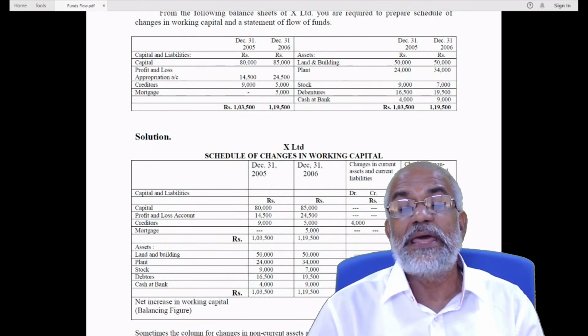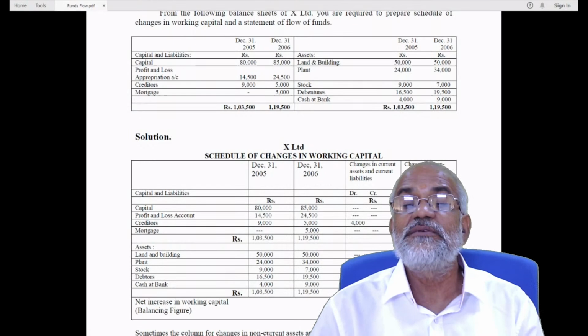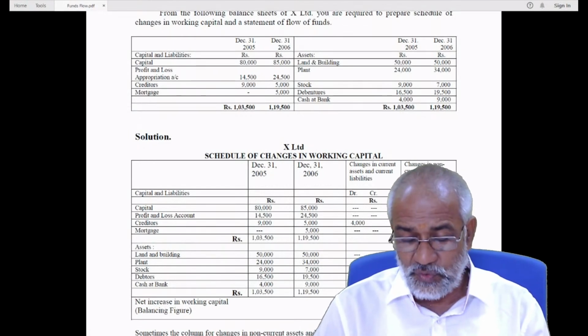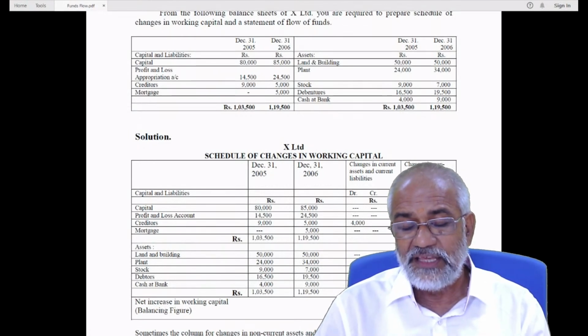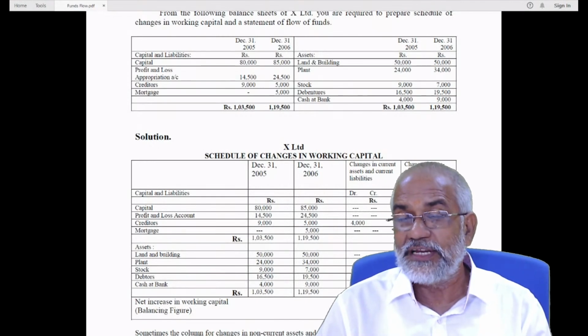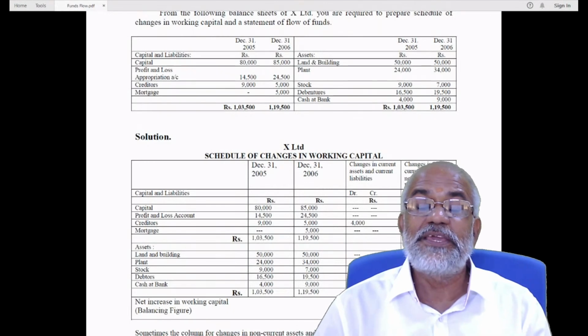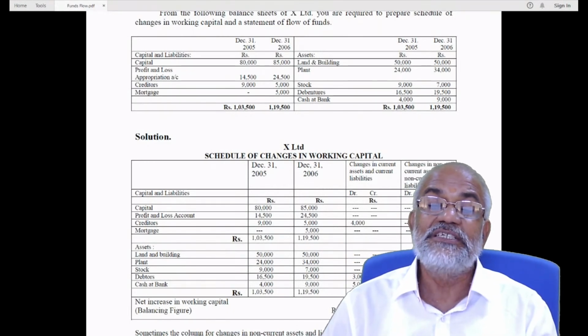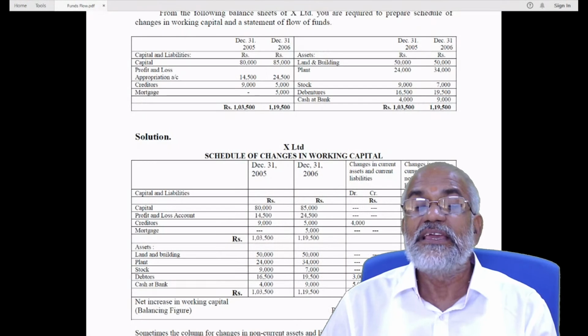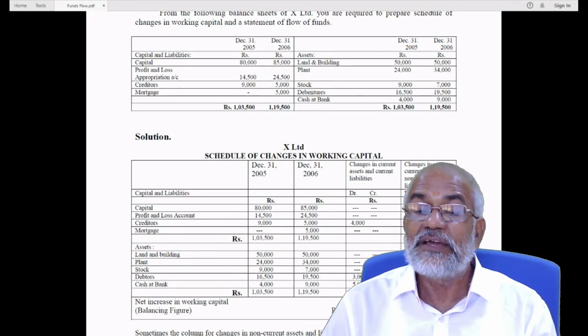Then we need to balance the first 2 columns, that means the two columns of the current category, and then the next 2 columns of the non-current category. When you make the balancing, the figure appears as 10,000 and it comes in the credit column of the current category.